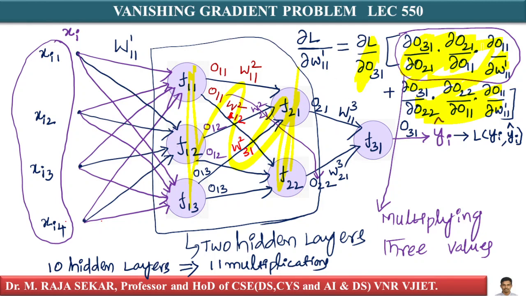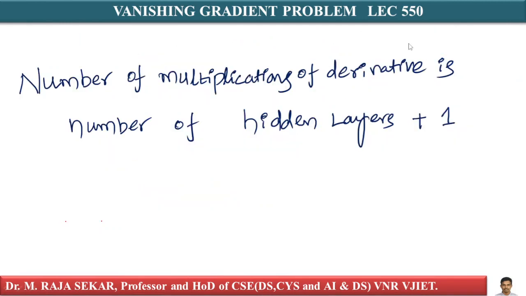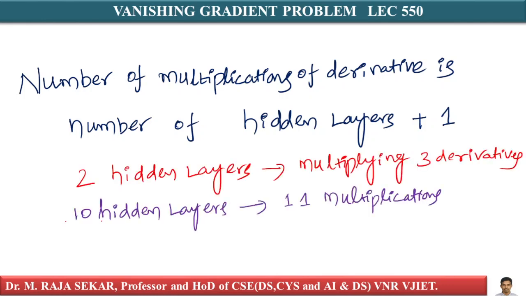But internally in this part, how many multiplications will you get? The number of multiplications of derivatives is the number of hidden layers plus 1 in the internal part. So when I had 2 hidden layers, we are multiplying 3 derivatives. Imagine if I have 10 hidden layers, then I would have to do 11 multiplications, isn't it?